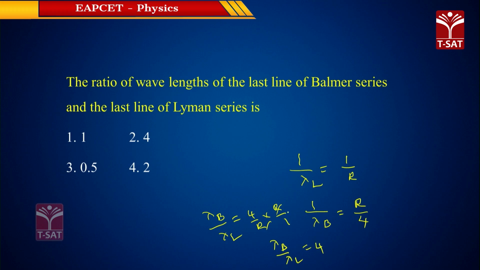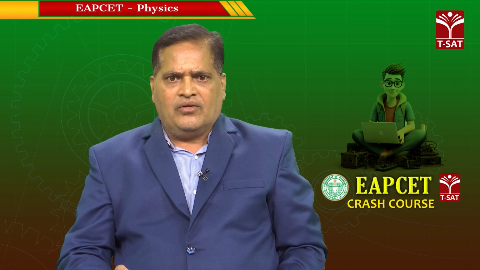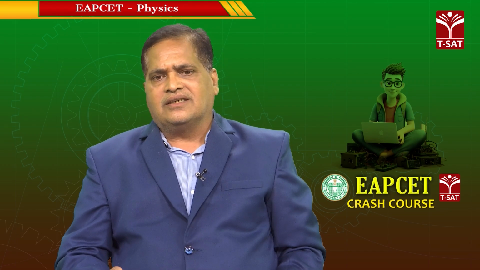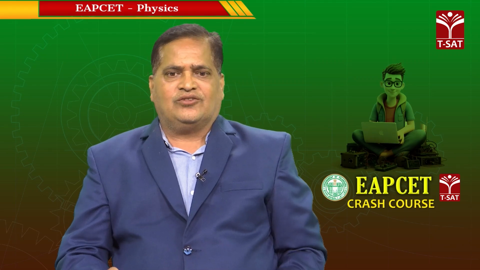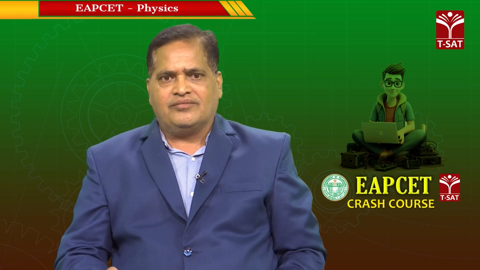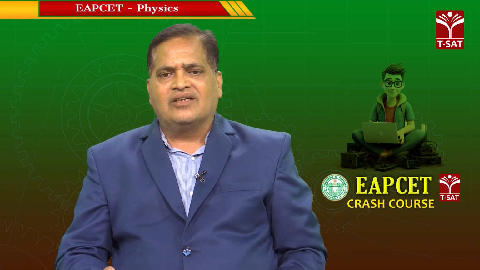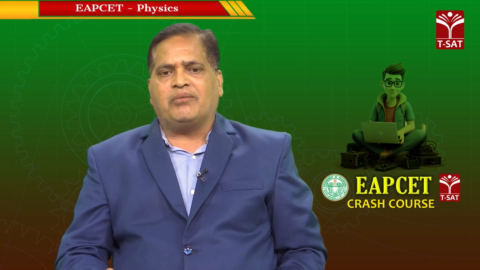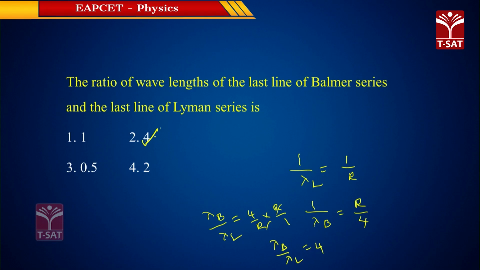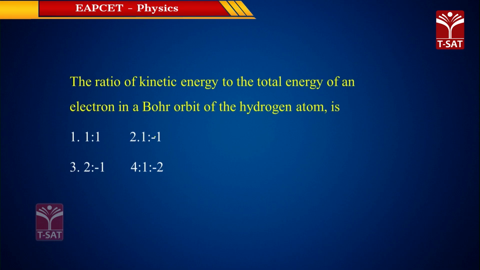Here the option is there, that is the second option. That means lambda L is the wavelength of the Lyman series, equal to 1 by R, and for the Balmer series the wavelength is lambda B, therefore 1 by lambda B is equal to R by 4. The question asks what is lambda B by lambda L? That is 4. Okay, and next, the ratio of kinetic energy.